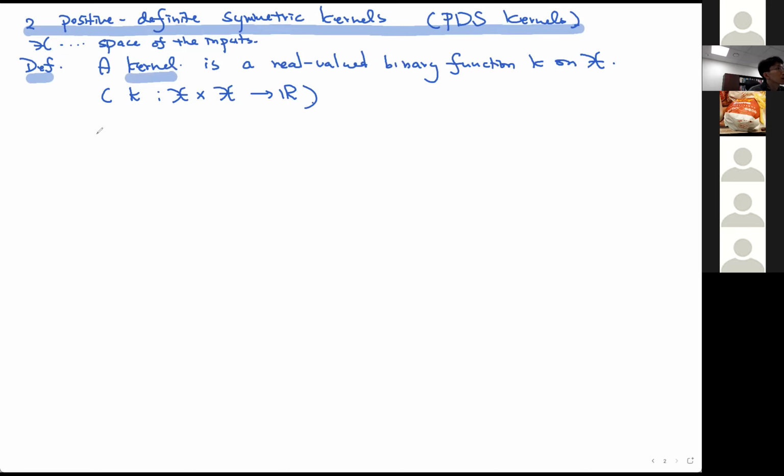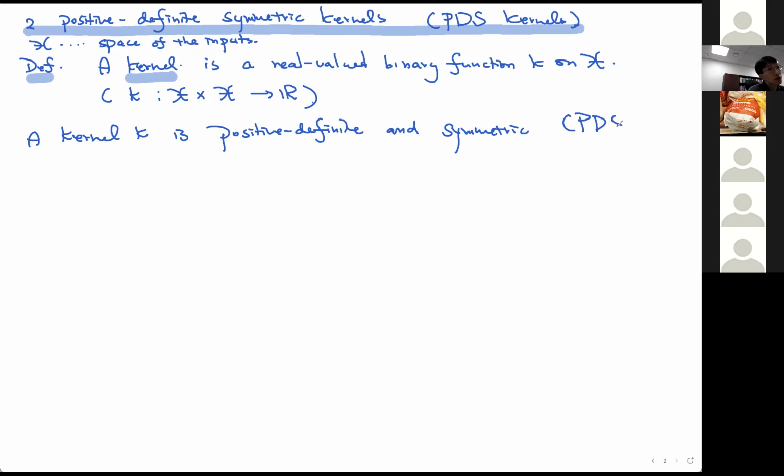Then we say the kernel K is positive definite and symmetric, PDS, if it satisfies two properties.